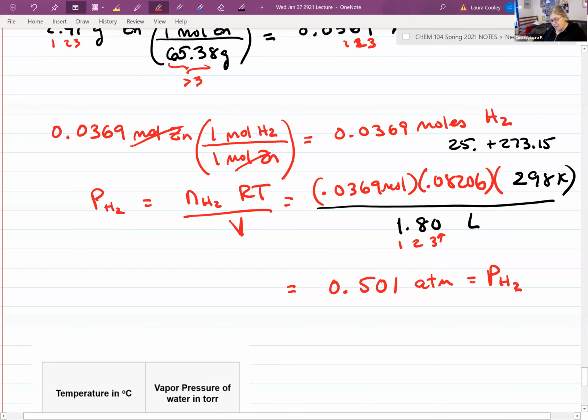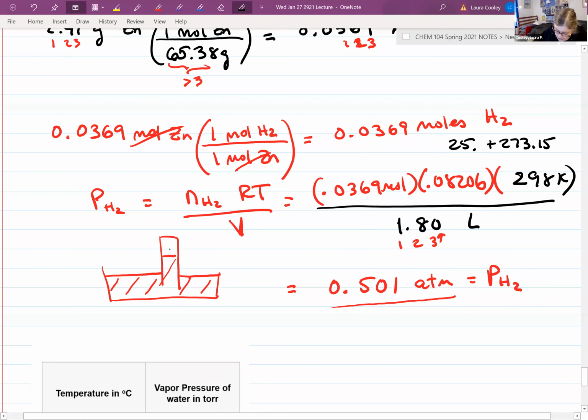Let me show you something else. Notice that this is less than an atmosphere. And from the picture, it has to be less than an atmosphere, because what we had in the pan there at the end was a situation kind of like that. So notice that the level of the water on the inside is not the same as the level on the outside.